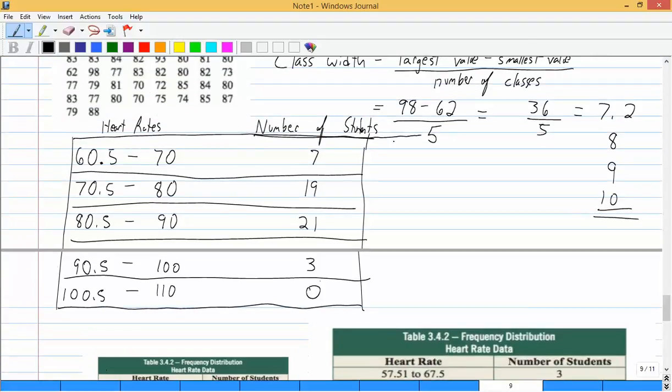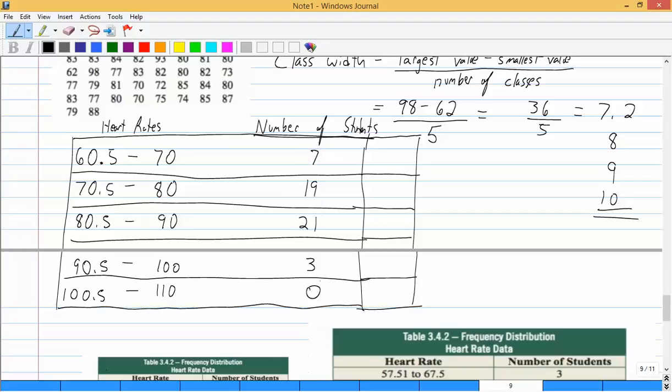This column would replace the column we made. I'd rather do it on ours than theirs because we worked really hard, so let's use it. Again, the numbers that I write down here would replace these. That would make it a relative frequency distribution.